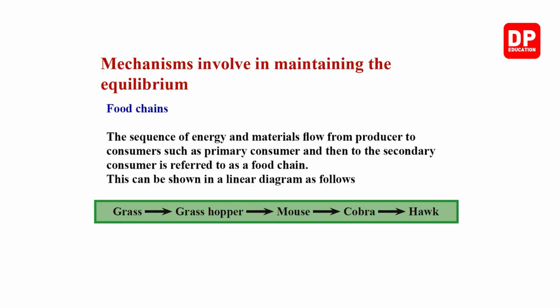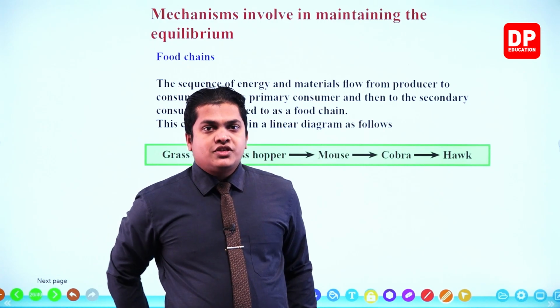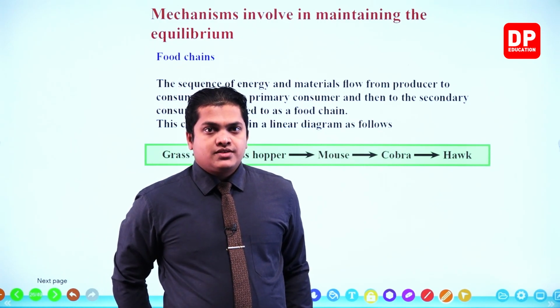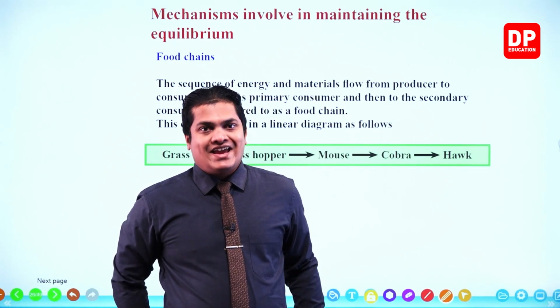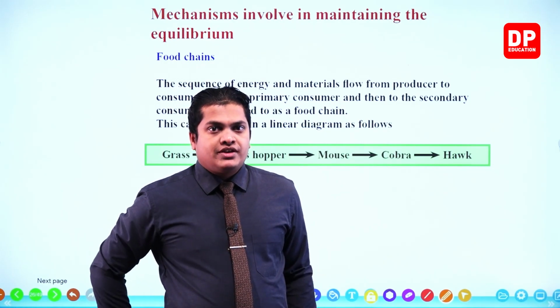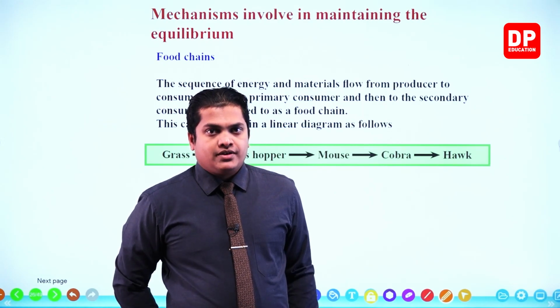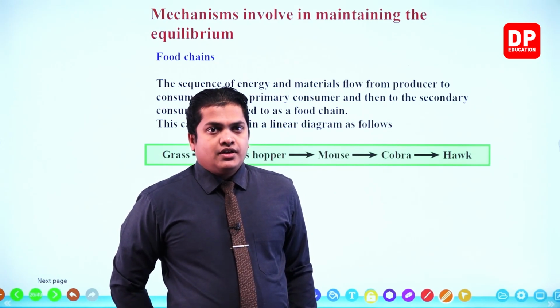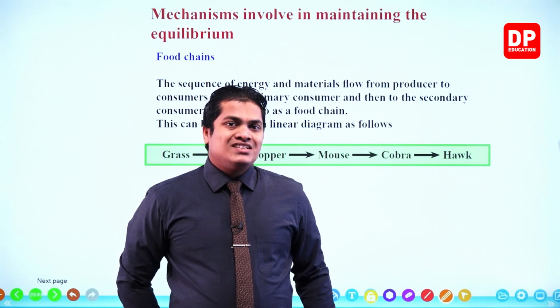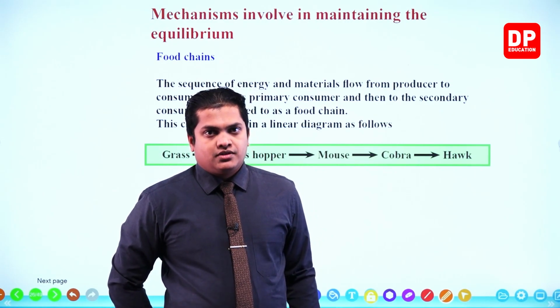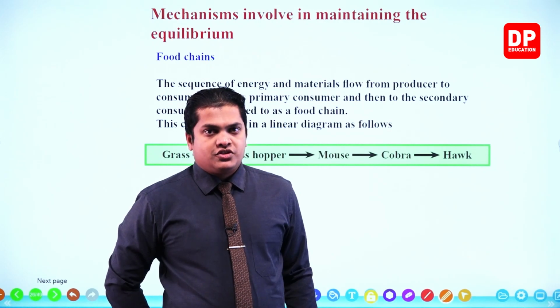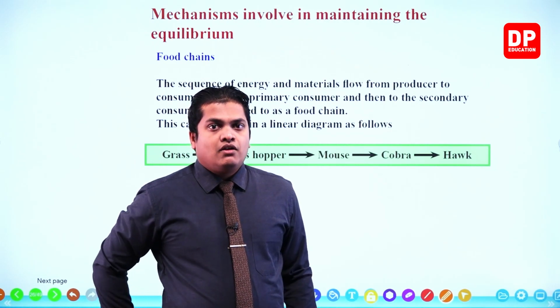Right, then the next topic, my dear children, the food chains. Now already you know what you mean by a food chain, right? So a food chain is one certain pathway of transferring energy or nutrients from one organism to another. Now when you take the food web, one single pathway of a food web is referred to as a food chain.